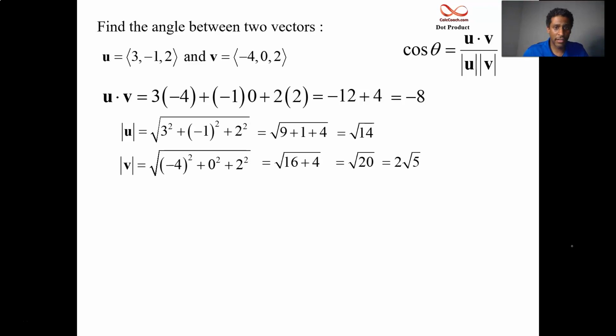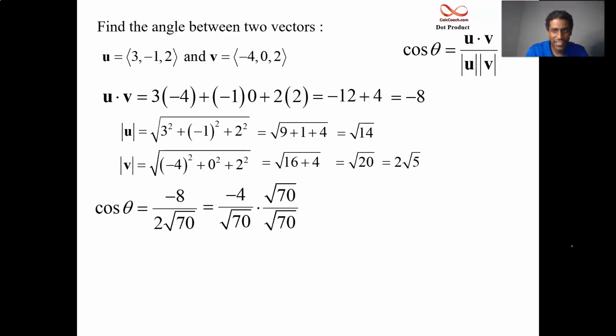So then we have all three numbers we need for the angle between the vectors. The cosine of that angle is negative 8 over 2 root 70. If you want to, you can cancel that and make it negative 4 over root 70. If you don't want to deal with the radical in the denominator, you can rationalize. Multiply top and bottom by root 70.